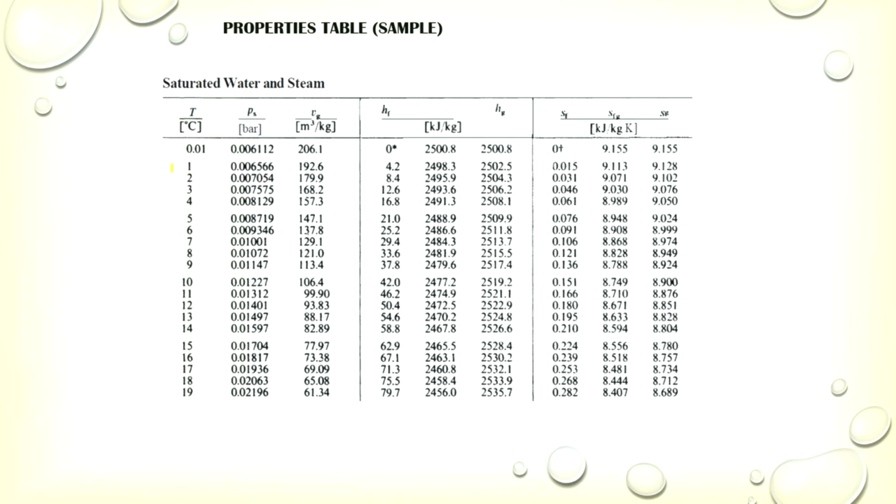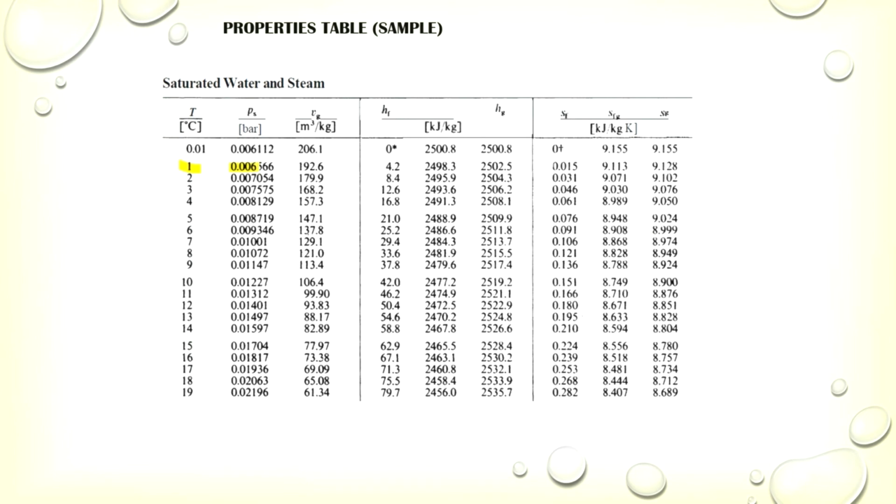Now, any temperature shown here will be the saturation temperature with respect to the saturation pressure. You will see most of the time T with a subscript S, P with a subscript S. That means it is referring to the saturation temperature and the saturation pressure.